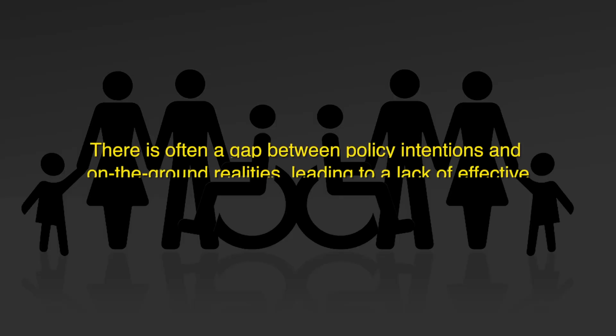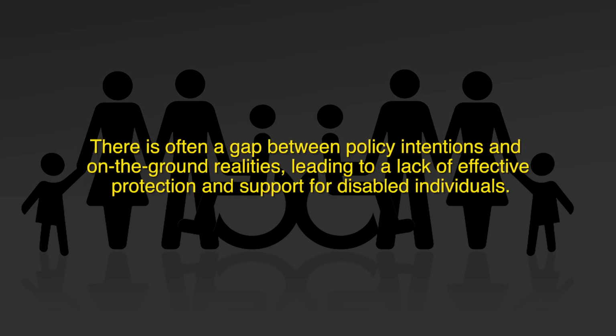The government has taken initiatives. There are laws in place, there are policies in place, but when it comes to implementation or enforcement of these policies, there is a huge lack. And this gap between policy intentions and implementation at the grassroots leads to a lack of effective protection and support for disabled individuals.